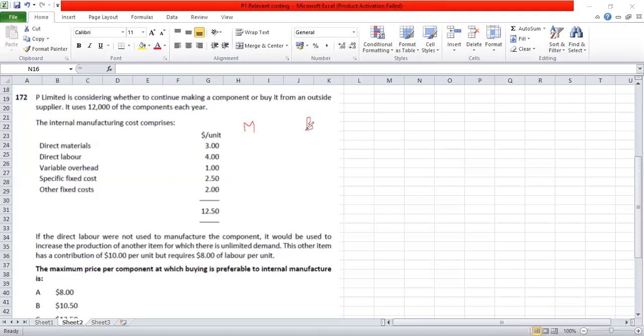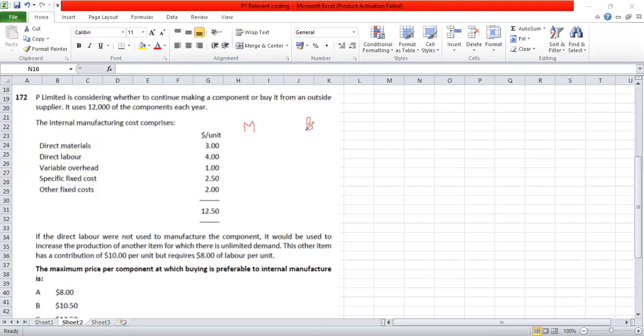When the production is taken up at a large scale, the cost will be lesser. For the outside supplier, it is cheaper, but for the business, it may be costlier. For that reason, they consider either to make that component in the factory premises or purchase this component from external suppliers. So that is the situation.